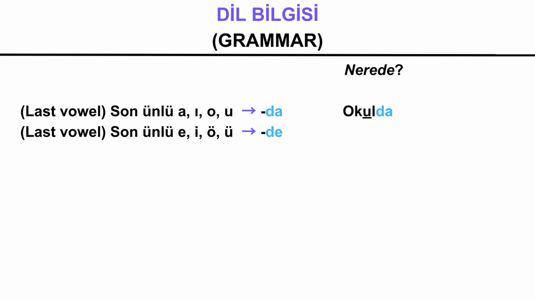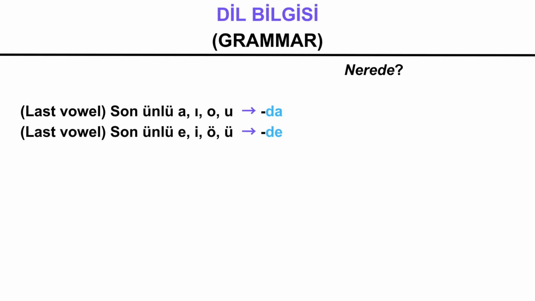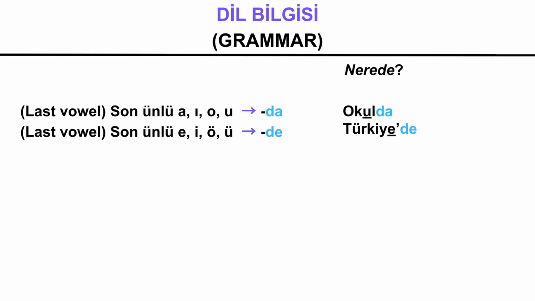In the noun okul, the last vowel is u, that's why we used da. If the last vowel is e, i, ö, or ü, then we use de, just like in the Türkiye'de example. In Türkiye, the last vowel is e, that's why we put de.